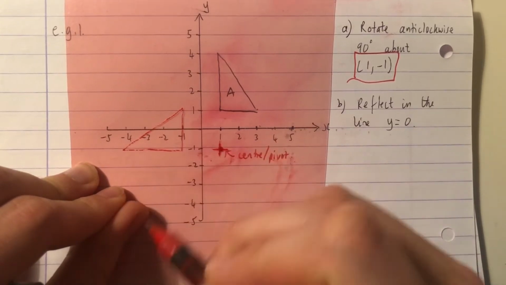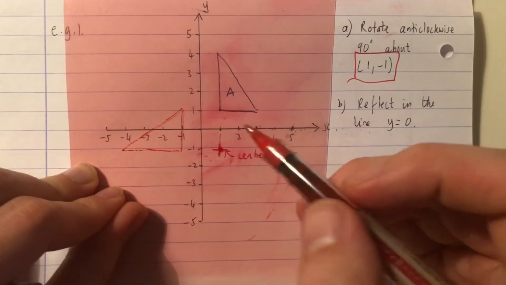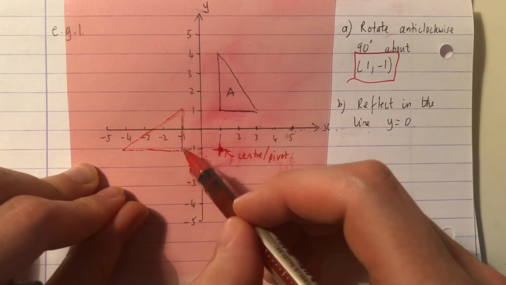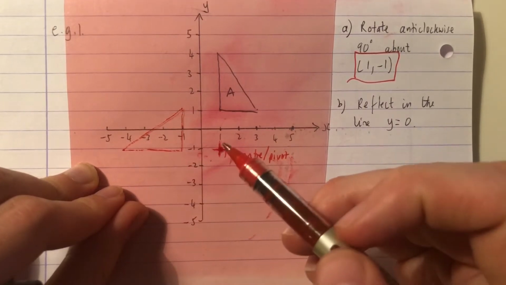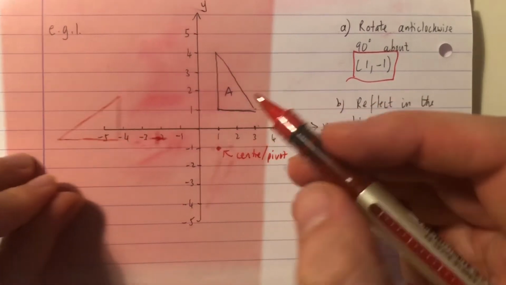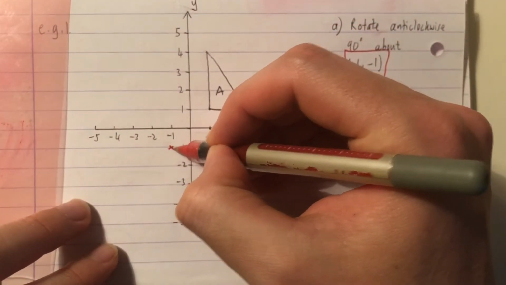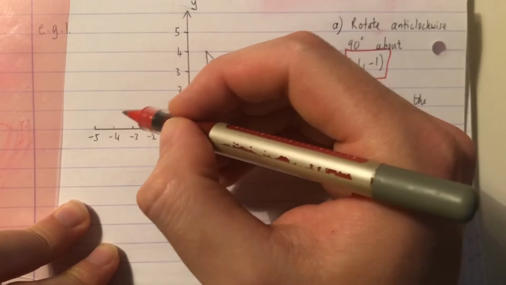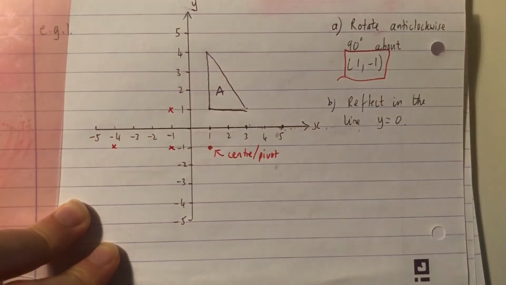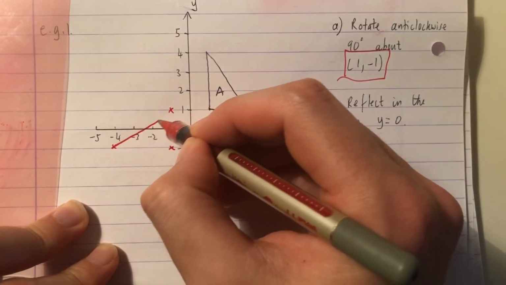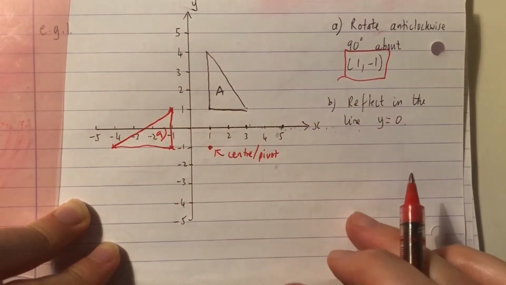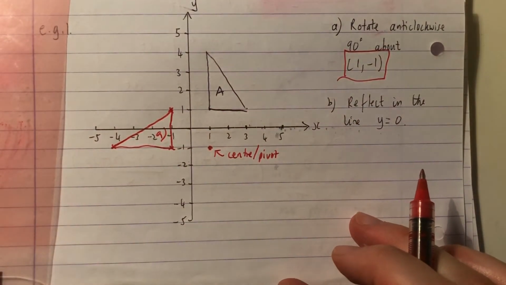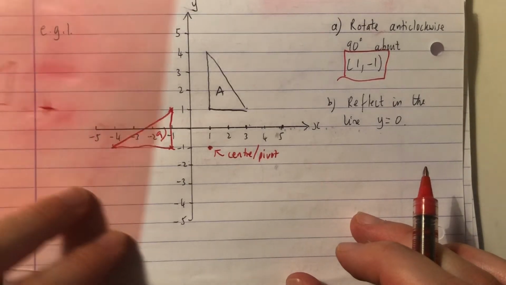And then I need to draw that image on the other side. So we've got some corners at (-1, -1), (-1, 1), and (-4, -1). Those would be my 4 corners, and that's my object, and that's part A. Really important that you use the plus sign.